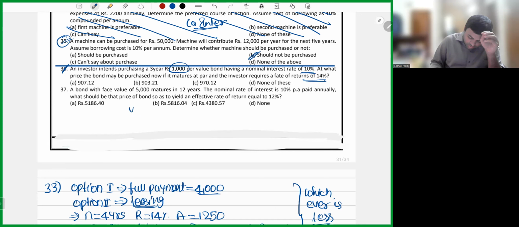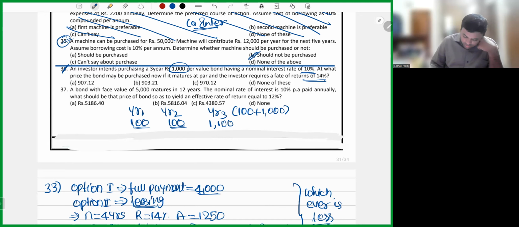So for year 1, year 2, year 3, he will get 100 rupees interest each year. Since it is a bond, once maturity is completed, you should pay back the amount for the bond. You will get an additional 1,000 rupees after 3 years. Means in year 1, you will get 100, year 2, you will get 100, year 3, you will get 1,100.